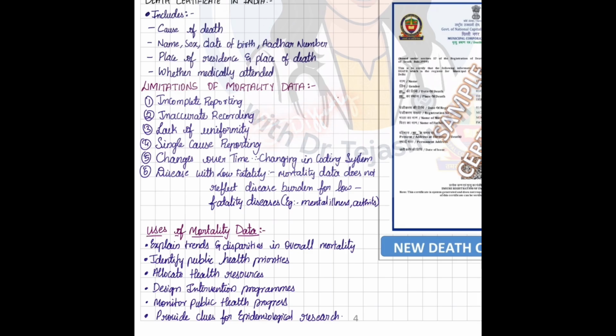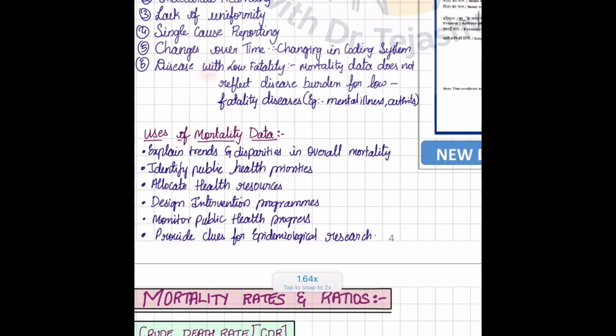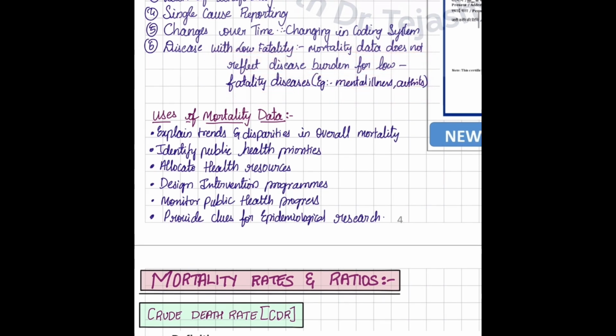Single cause reporting, which means we may miss out on comorbid conditions. Changes over time in disease classification systems. And lastly, mortality data doesn't tell us much about low-fatality diseases like mental illness or arthritis. These might not kill, but they do cause immense disability and burden.